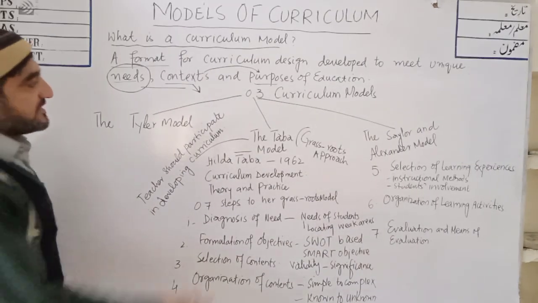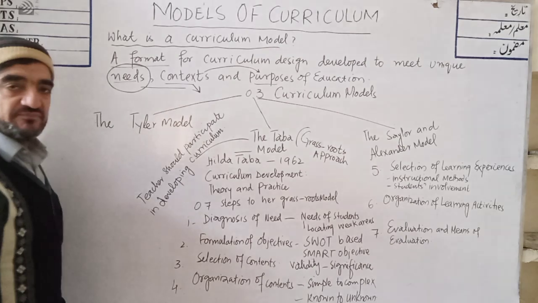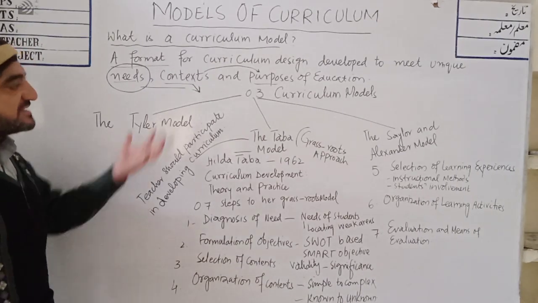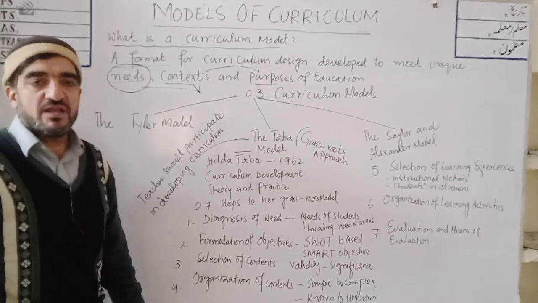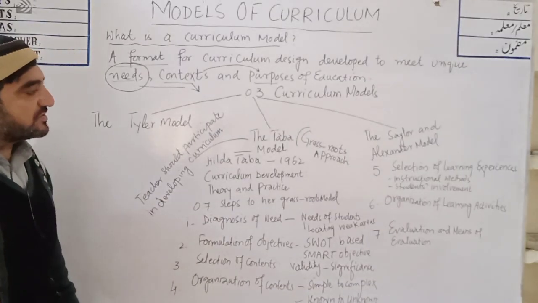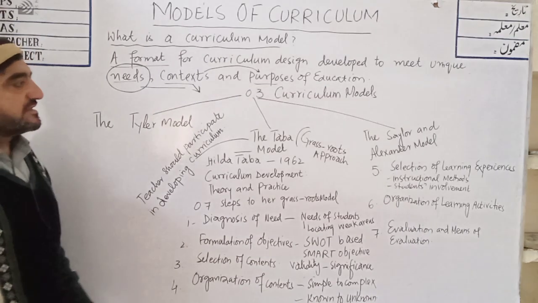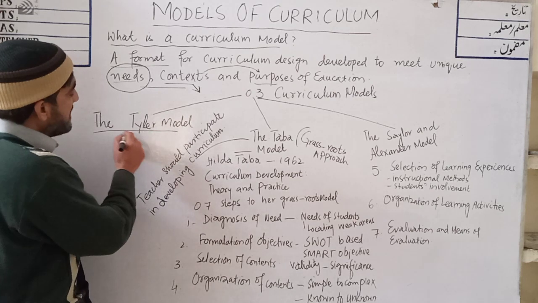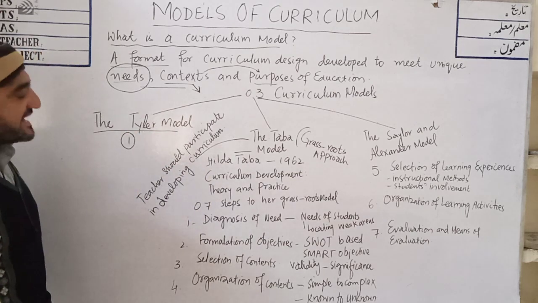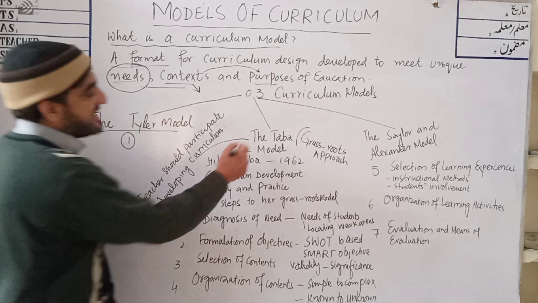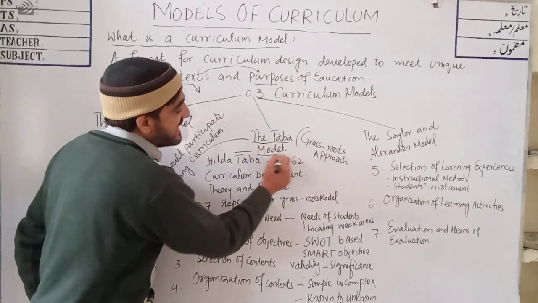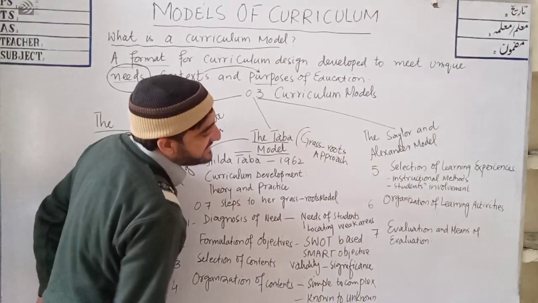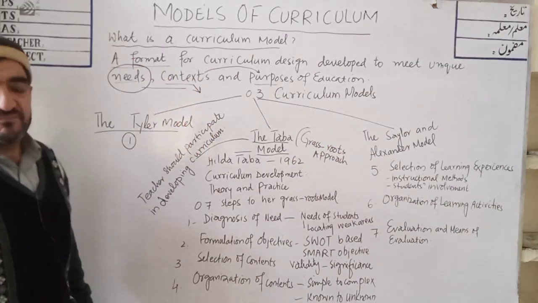There are 3 curriculum models. There are 7, there are 9, but the 3 are the most important and the most validated curriculum models. Out of those 3, the first model is called the Taylor model, the second is called the Taba model, and the third one is called the Saylor and Alexander model.